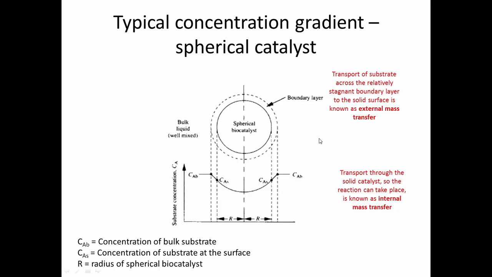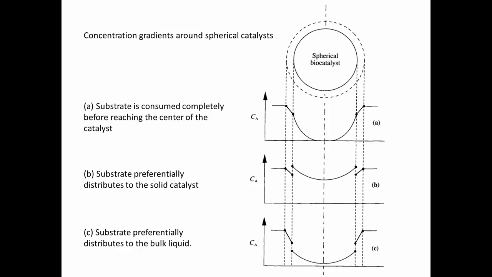The transport of the substrate across the stagnant boundary layer, the poorly mixed boundary layer, is known as external mass transfer, of course. The transport through the solid catalyst is known as internal mass transfer.